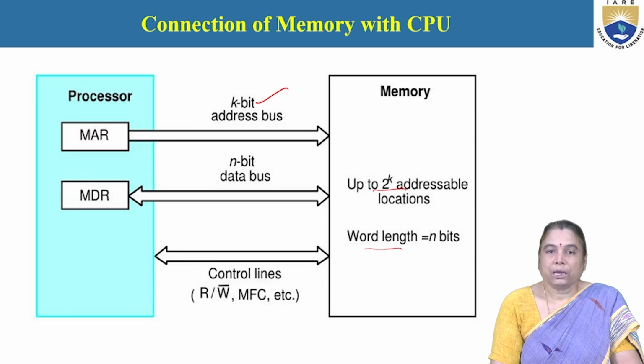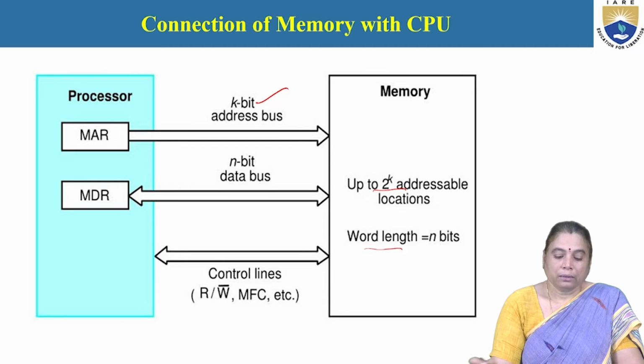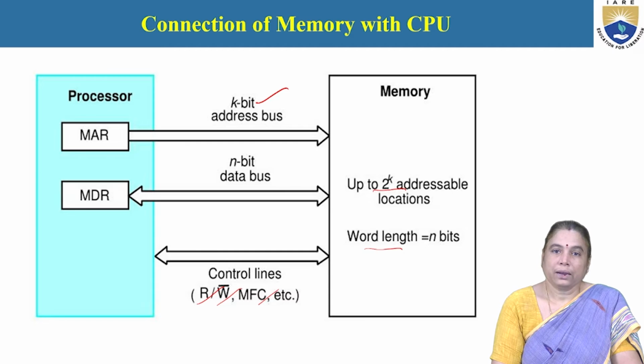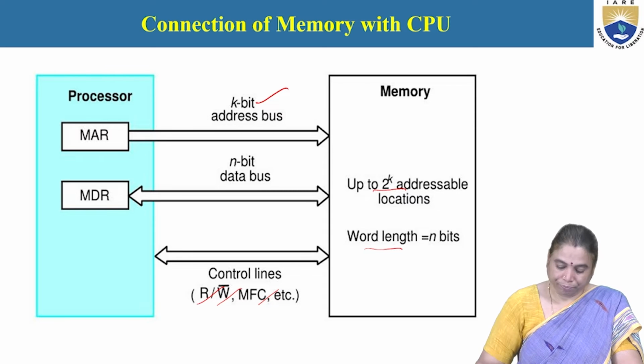Which operation is to be performed on the memory is directed by the control signals raised by the control unit. The read operation is performed when the control signal R is received, and W for the write operation. MFC, memory function complete, is the control signal used to acknowledge the completion of the read and write operation. So these are the control bus structure and the registers required to perform the read and write operations on the memory.